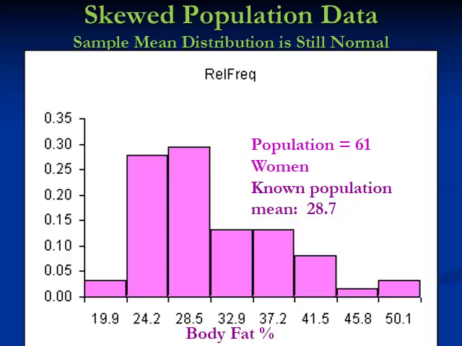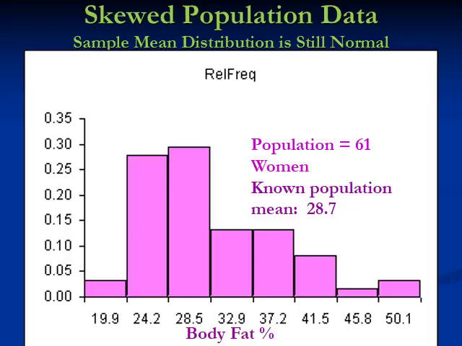Okay, so the next thing I want you to notice is that this is not a nice normal curve shape. It's skewed right, because we're looking at which direction the tail is. So this is a right skewed curve. And the other thing I want you to notice is that the body fat percentages are put in here on a bar graph and they are binned.